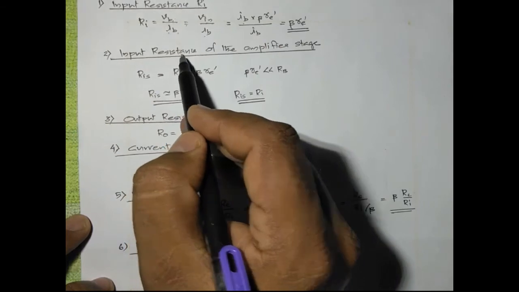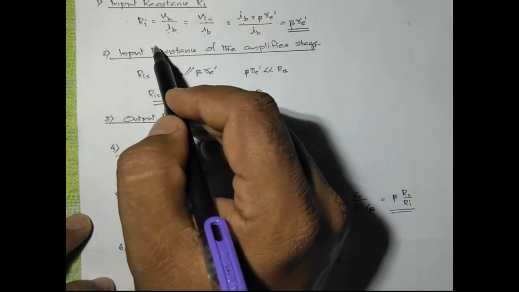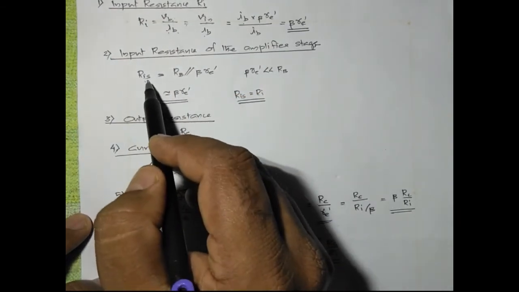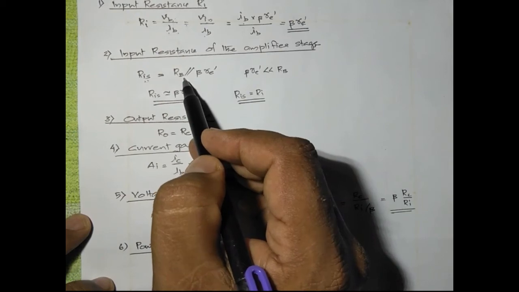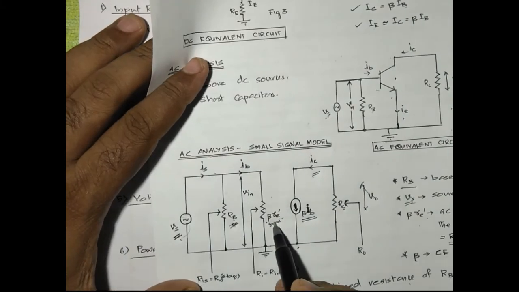Now, the input resistance of the amplifier stage. In calculating this resistance, we are considering the base resistance also. So that resistance is RIS given by RB parallel beta Re prime. You can see that here RB is parallel to beta Re prime.